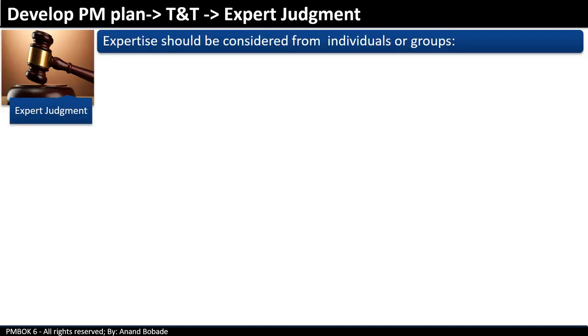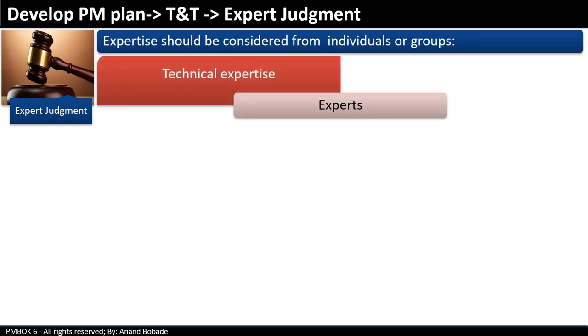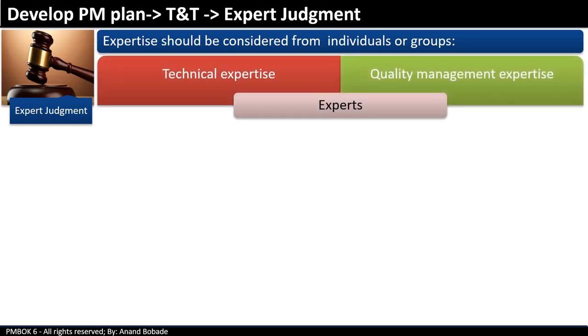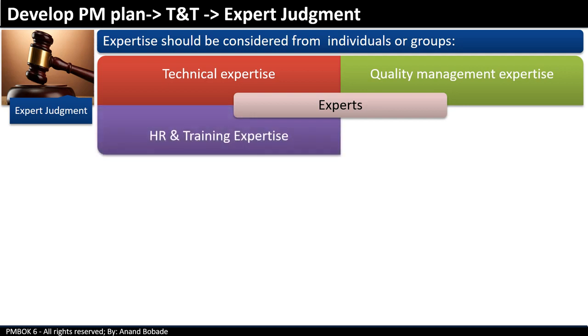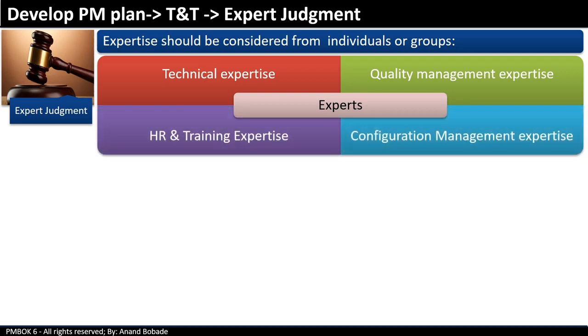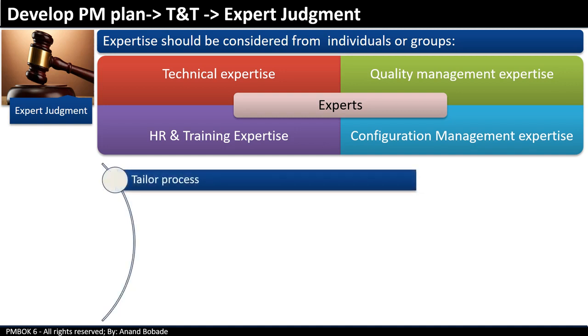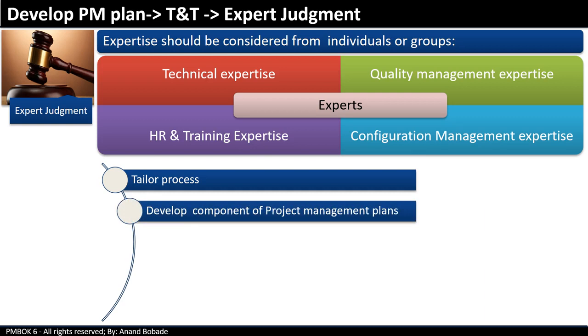Expert judgment. Expertise should be considered from individuals or groups. Expertise can be technical expertise, quality management expertise, HR, training expertise, configuration management, etc. Experts can help the project manager to perform process tailoring, and can help develop components of the project management plan.